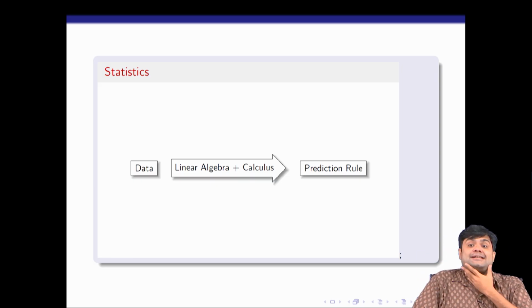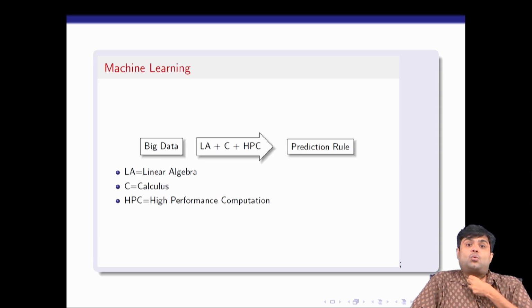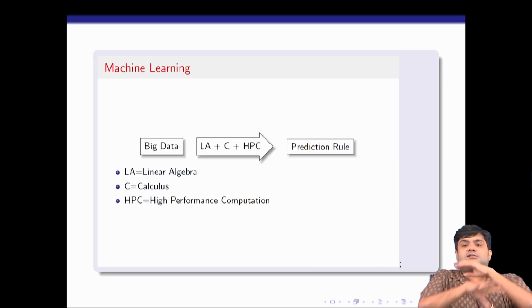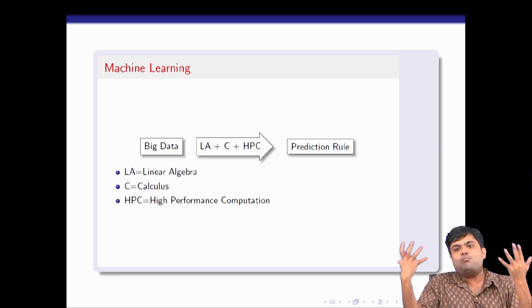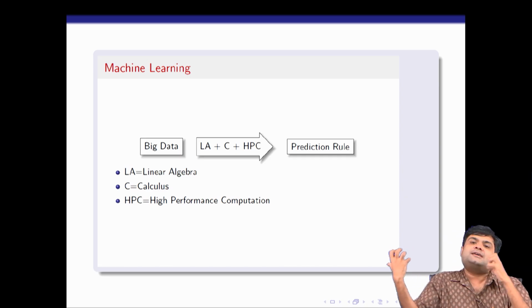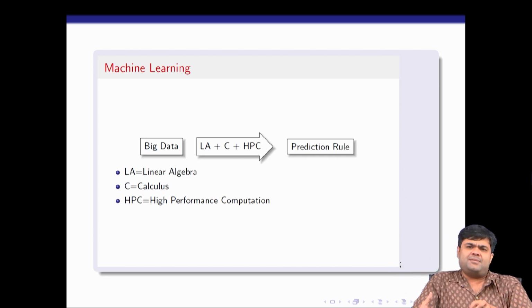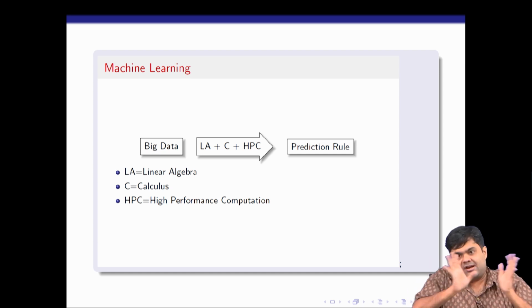Now for big data, machine learning has become a common word essentially for applying statistical analysis to the framework where classical linear algebra and optimization algorithms are not enough.